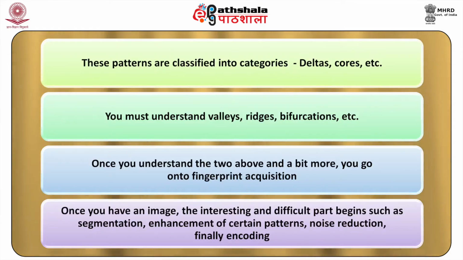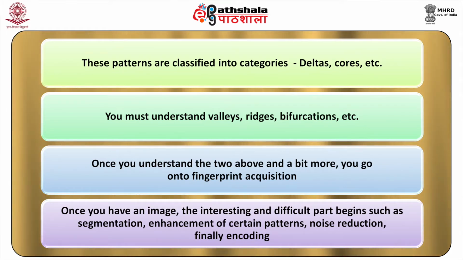They are classified into categories such as deltas, cores, etc. You must understand what valleys, ridges, bifurcations, etc. are. Once you understand these and a bit more, you go on to the fingerprint acquisition step.